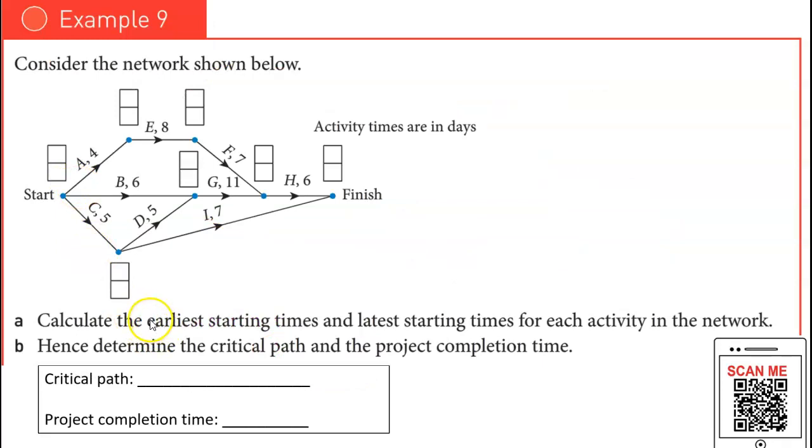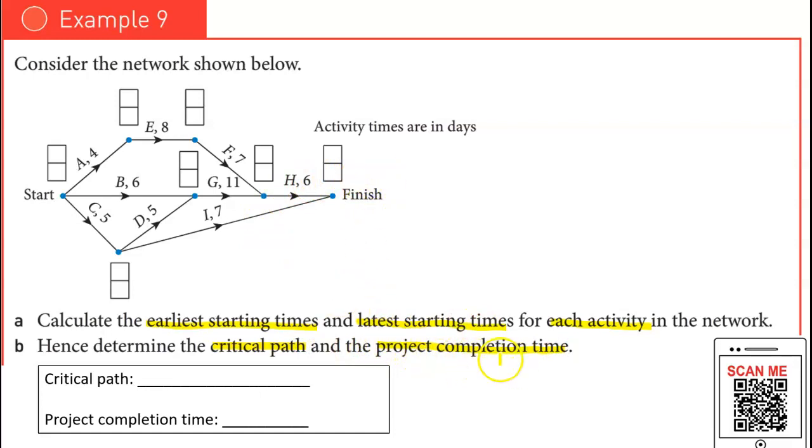Now let's look at how to solve example 9. Right, you have to find the EST and LST times for each of the activities in the network. And therefore, from there, you can determine the critical path, which gives you the project completion time.